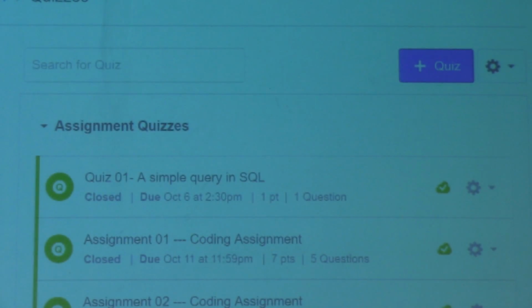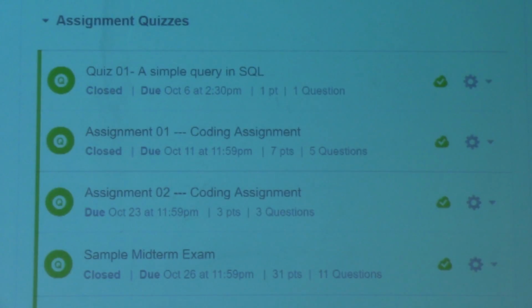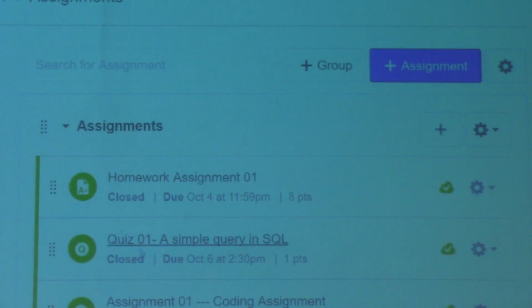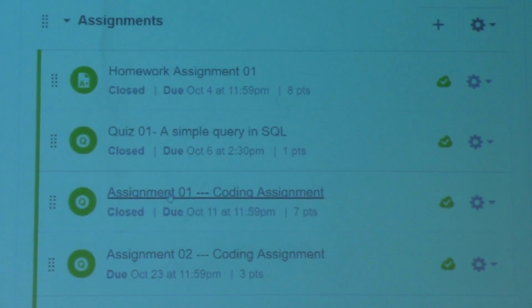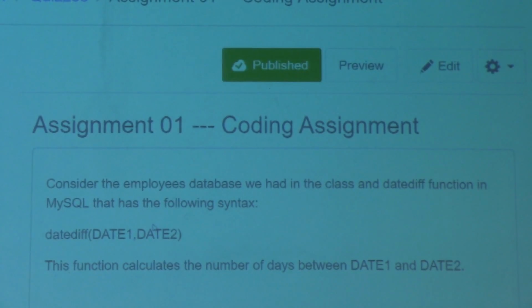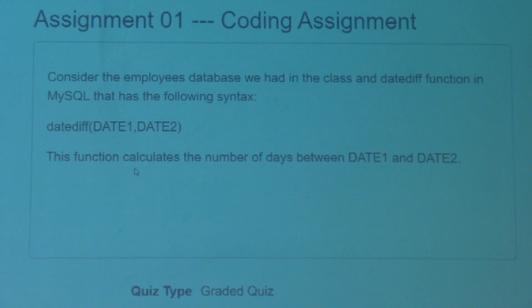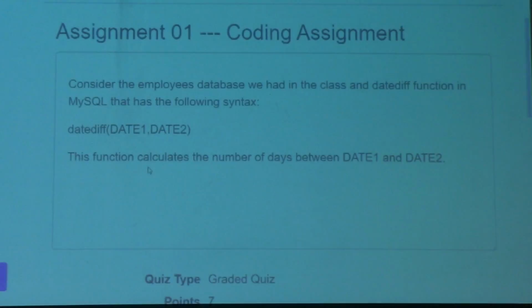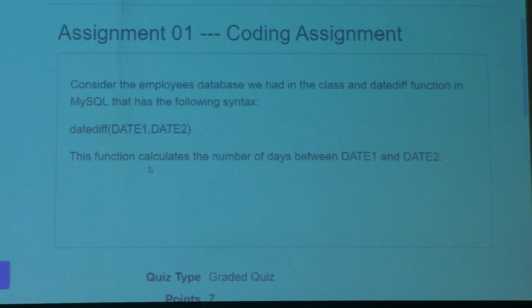You were saying salaries, and I realized why salaries. Consider the employee department database.